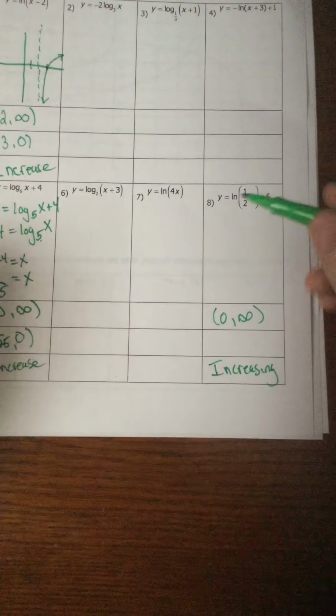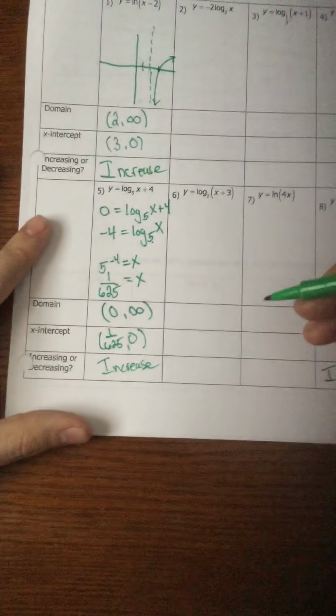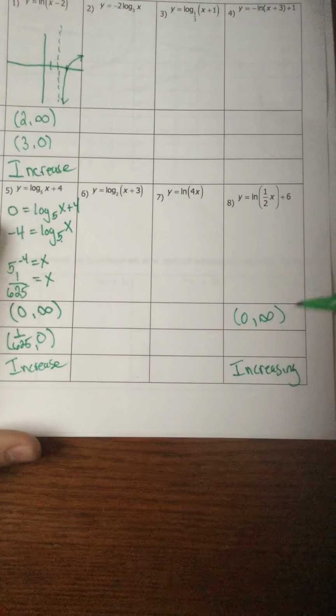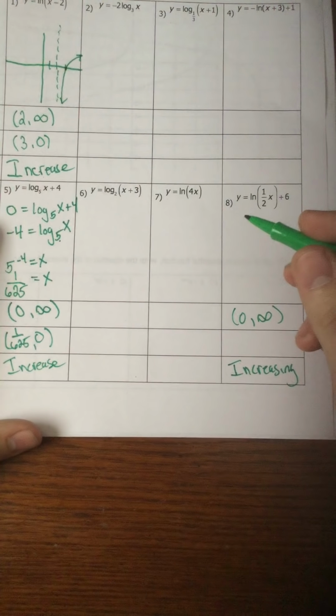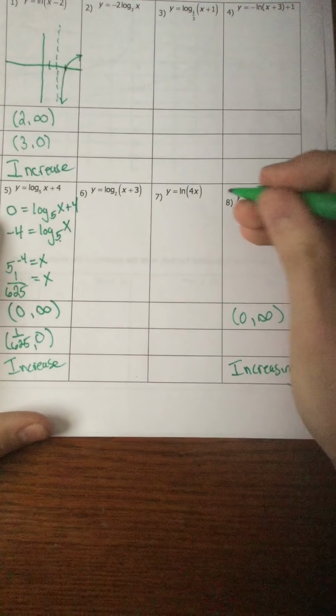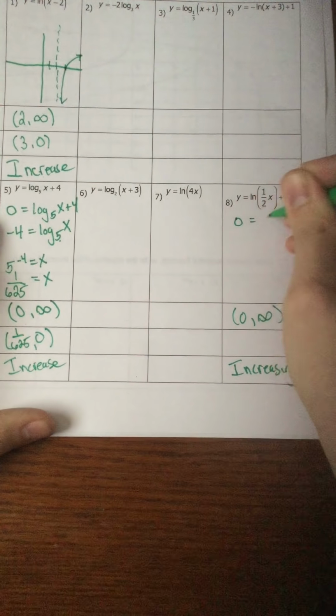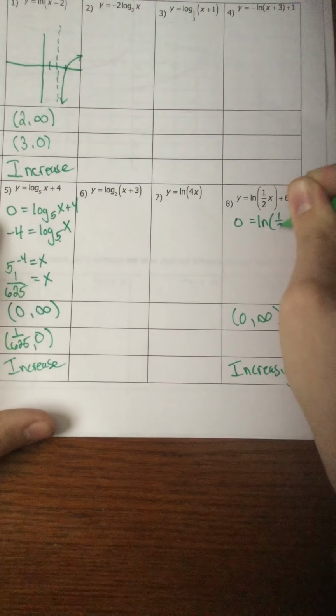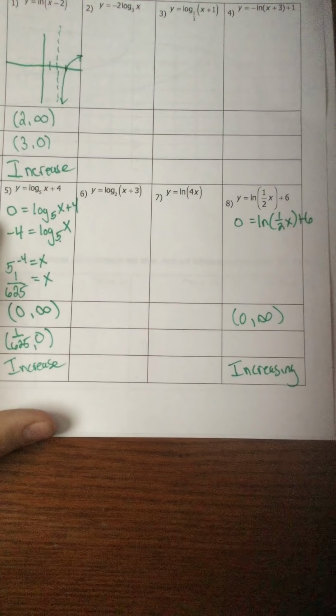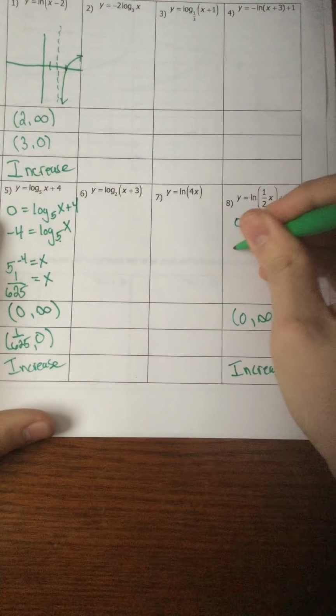There you go. And now just the x-intercept. This will take a little work. All right, so x-intercept is when y is equal to 0. So 0 equals all this business, 1/2 x plus 6. Move the 6 over.